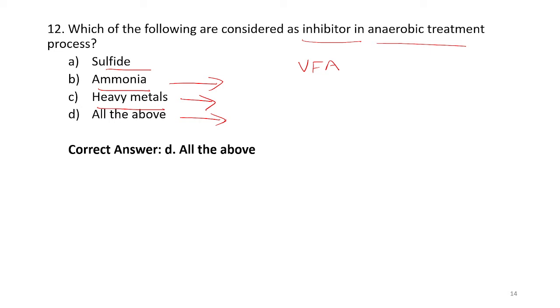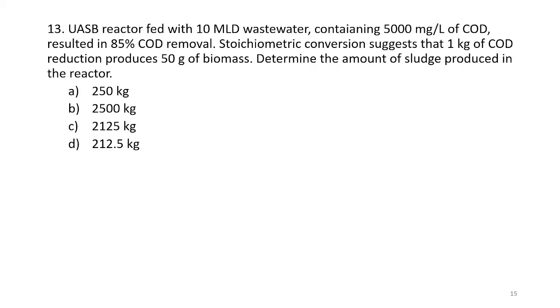So next is the second last question. It is a numerical. There is a USB reactor which has the capacity to treat 10 million liters per day of wastewater containing, sorry, here I have a typo that I will change in the slides later.